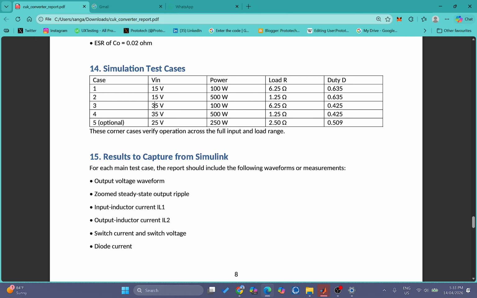This is exactly how the Cuk converter maintains a constant output voltage. And also using a large capacitor significantly reduces ripple, which is critical in a high power application. So that's a complete Cuk converter design from equation to simulation.